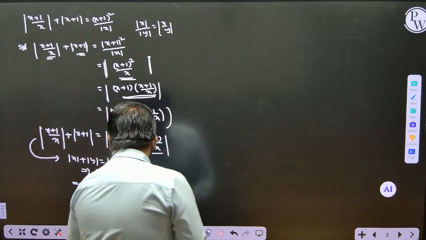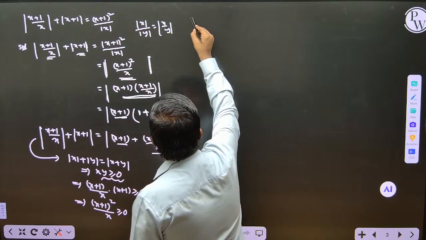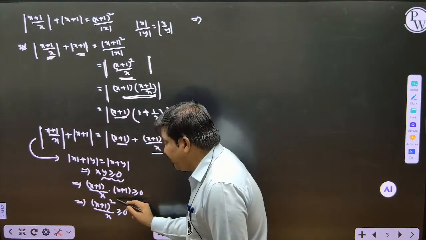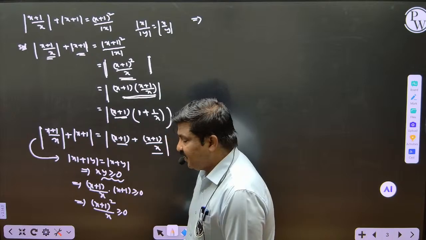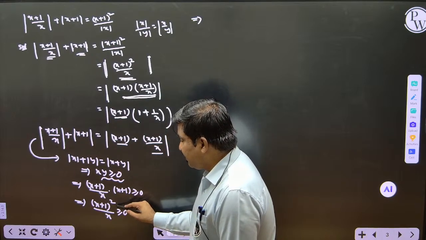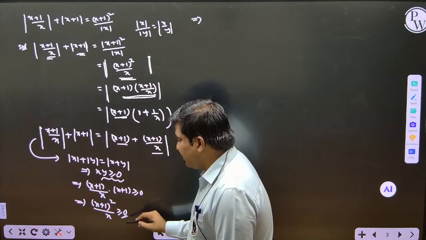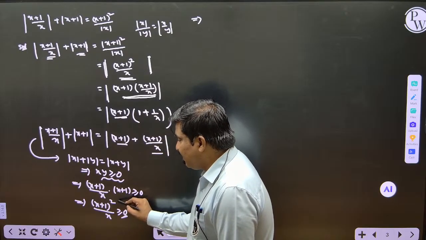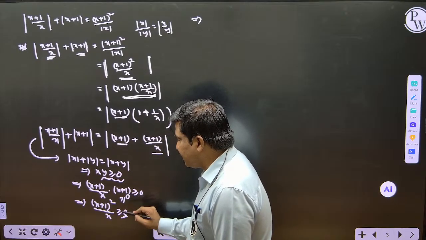Now as you are aware, this should be what? Positive or 0. Greater than or equal to 0 means positive or 0. This is always greater than or equal to 0, or not?